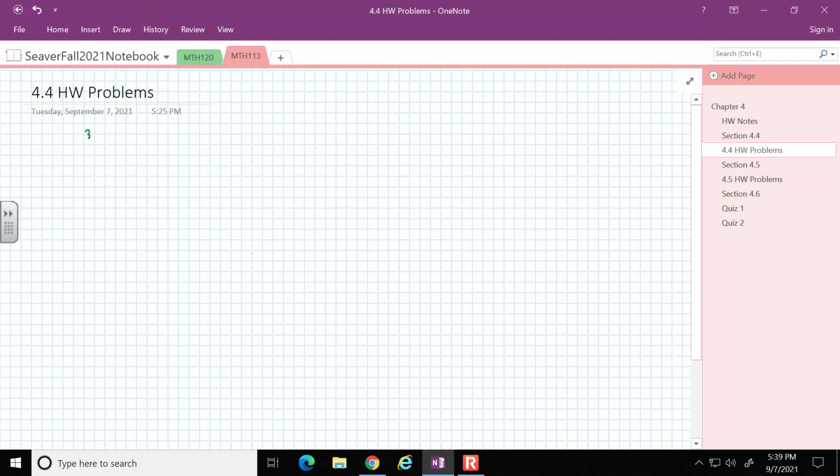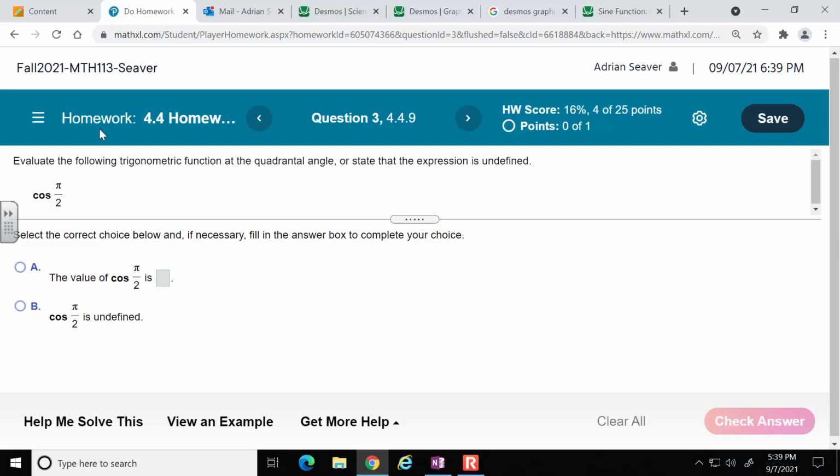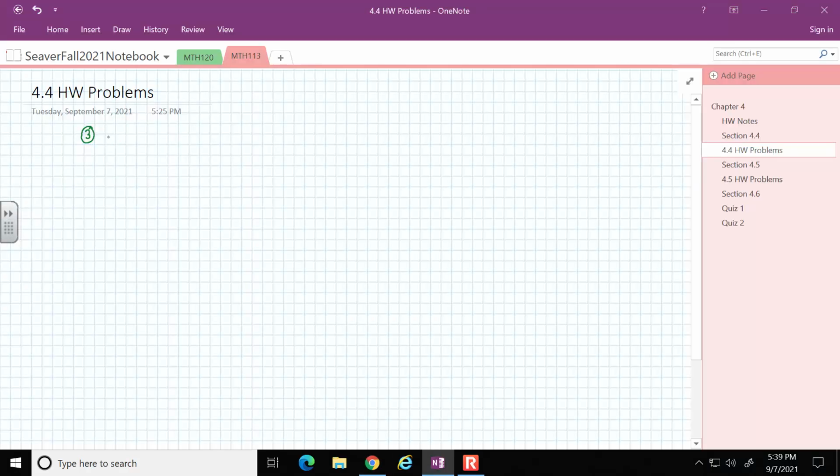All right. Number 3 here from this homework set. And we want to know the cosine of pi halves. The reason I think unit circle in these is it's relatively easy to think of.